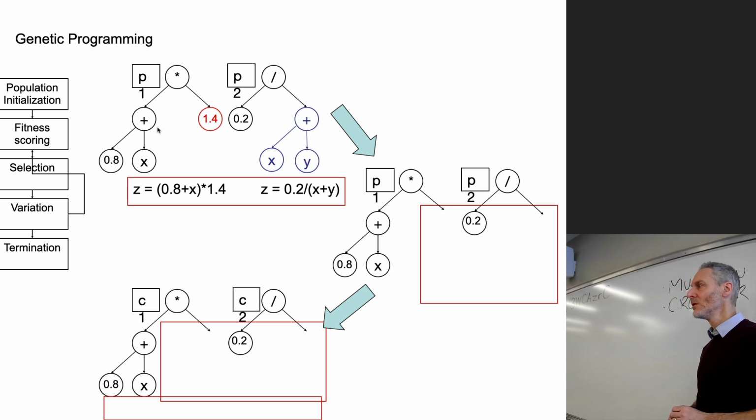How might you embody mutation? Mutation intuitively is something that makes a local change. Crossover is a little bit of a larger change. We're mixing and matching genetic material from two parents. How might you mutate P1 to produce a mutated offspring of P1?